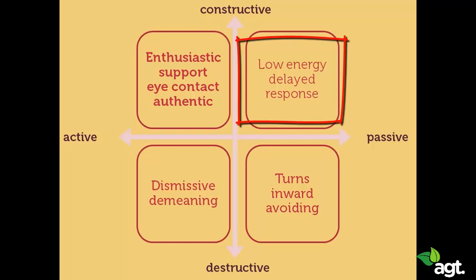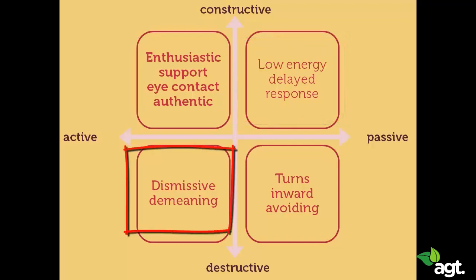The most common way to respond is passive constructive. That's saying something like, that's good news. I'm happy for you. That's great. There's little energy, the response may be a little bit delayed, and there's little nonverbal communication.